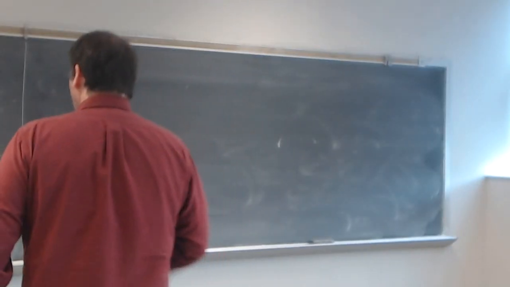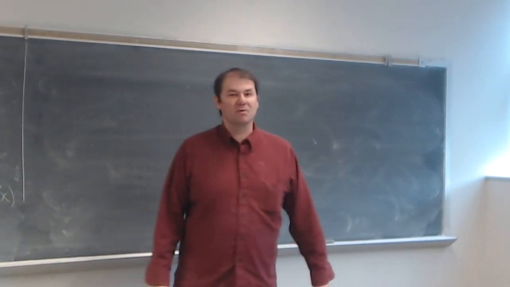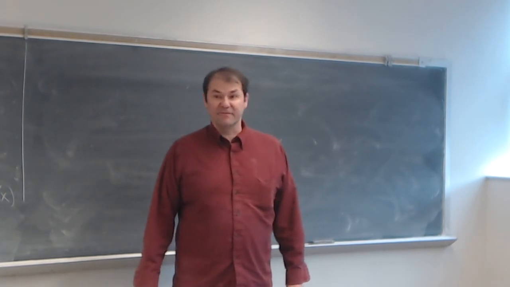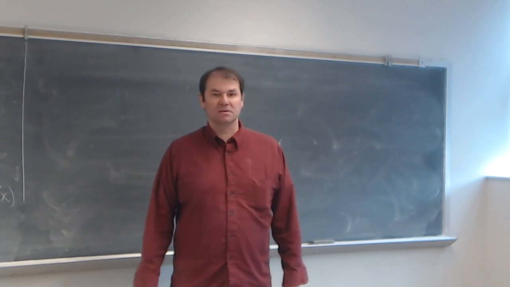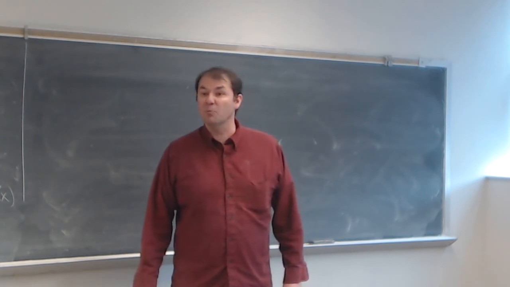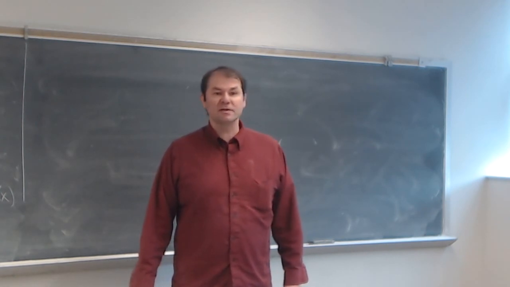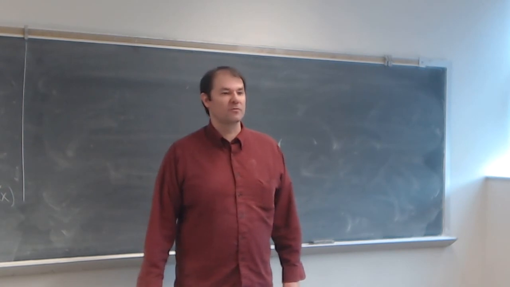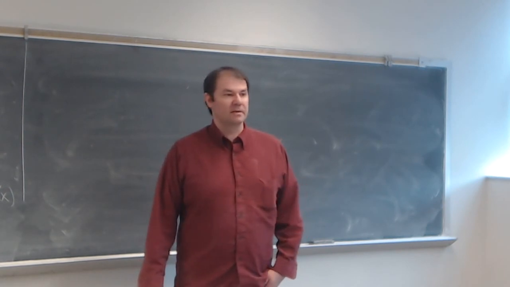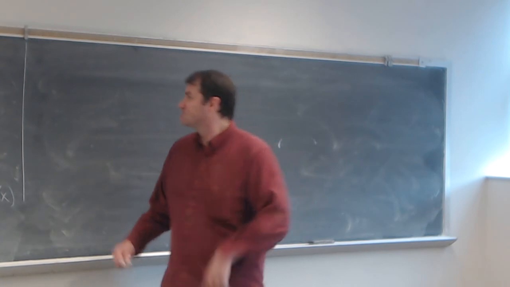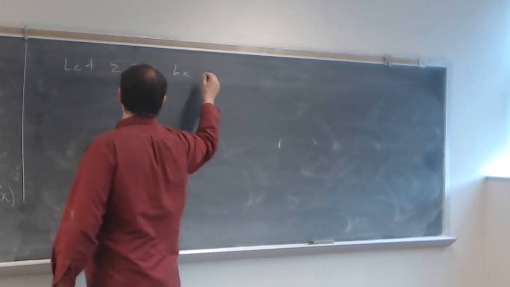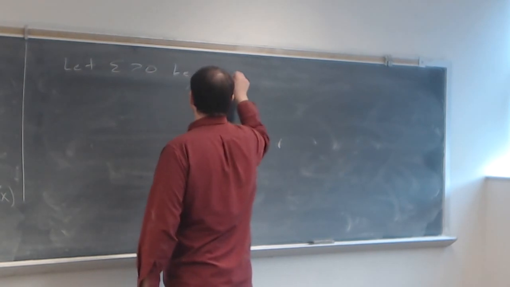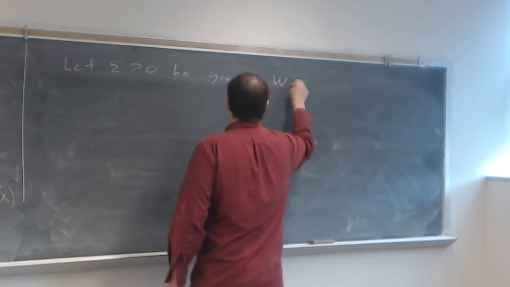Okay, how am I going to show that x sub n converges to x? Well, really I'm going to do that using the definition. If I wanted to prove that x sub n converges to x, I'd start off the same way we always start off when we want to prove that a sequence converges to a limit x. What do we need?